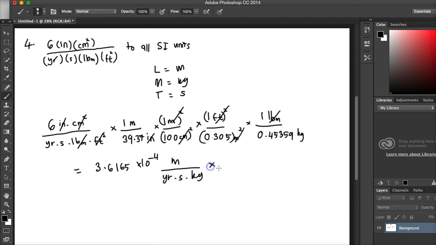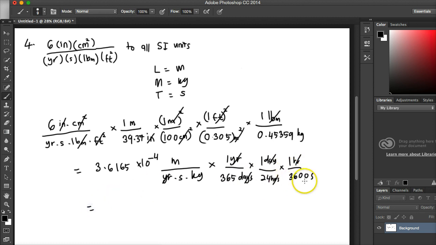So from here, 1 year is equal to 365 days, while 1 day is equal to 24 hours, and 1 hour is equal to 3600 seconds. Okay, so that's year, and days cancel out, hours, and then we get second.